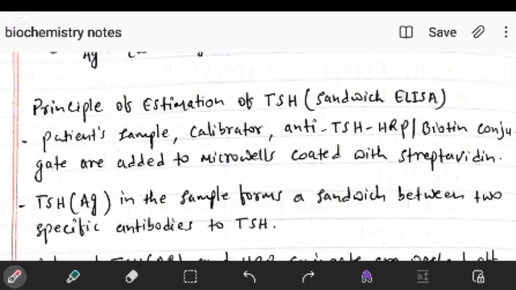Principle of estimation of TSH, which is based on sandwich ELISA.